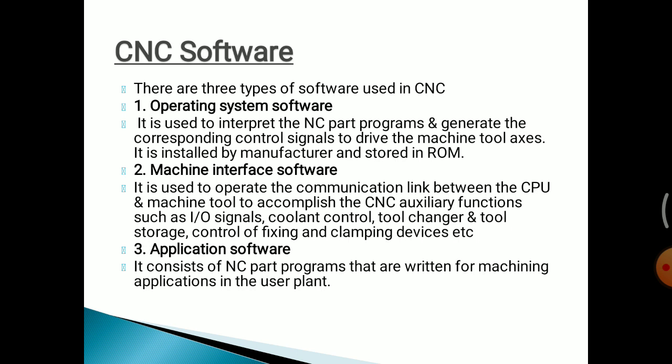Number two, machine interface software. The machine interface software is used to operate the communication link between the CPU and machine tool to accomplish the CNC auxiliary functions such as input-output signals, coolant control, coolant on, coolant off, tool changing activity and tool storage, control of fixing and clamping devices, etc. That is the work of machine interface software.